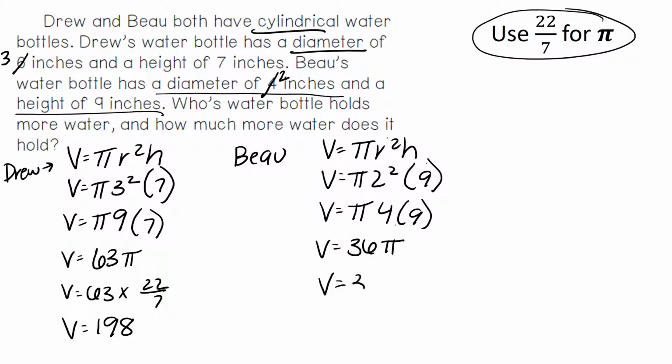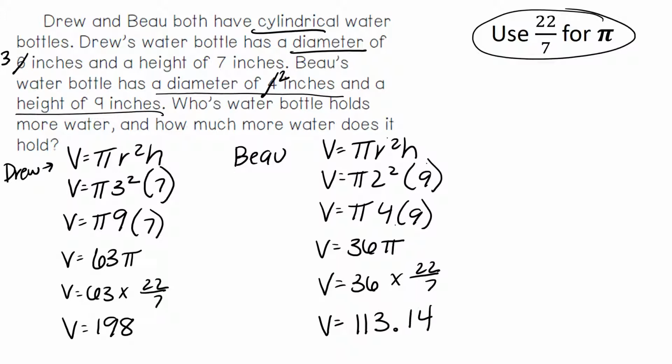Again, we're using 22 over 7 for pi, which is going to give us 113, and again, a decimal.